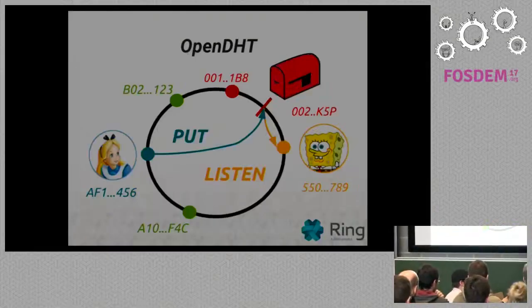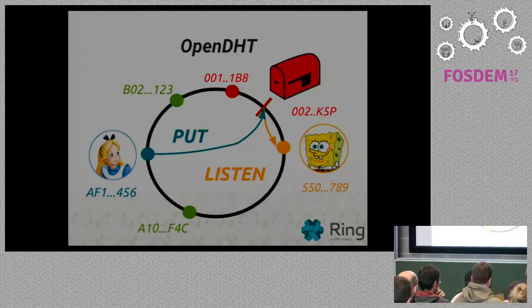So I'll find something that creates an account. FOSDEM test. So this will be a local name. I'll create a Ring account. I'll register it.